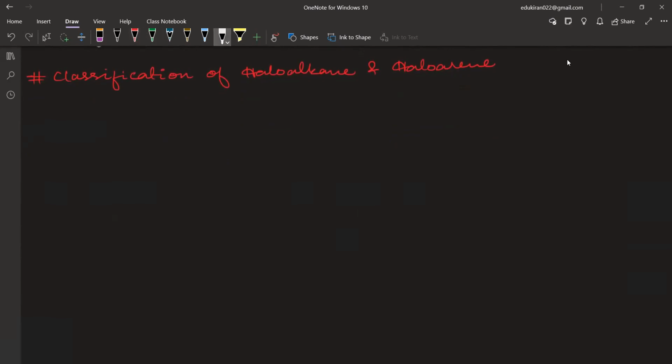That means whether you have one halogen, two halogen, or three halogen atoms. So please write, on the basis of number of halogen atoms. Okay, so it is categorized into three parts.